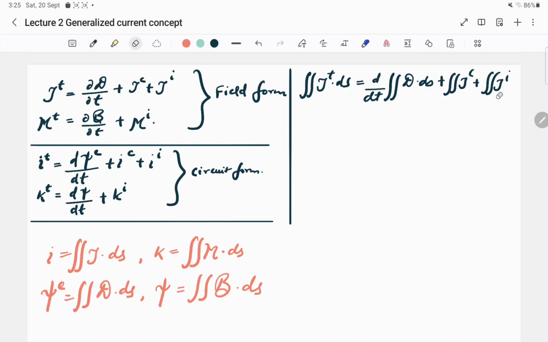Actually there should be dot ds also present here, dot ds plus surface integration of Ji dot ds.